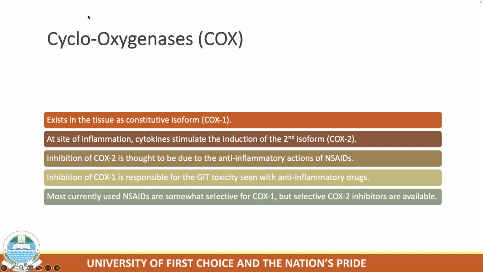Now, the important ones are the cyclooxygenases. These exist in tissue as constitutive isoform 1, COX-1. Cyclooxygenase 1 is important in the production of the mucus that lines the lumen of the stomach, preventing the adverse effect of the acid in our stomach from affecting the wall of the stomach.